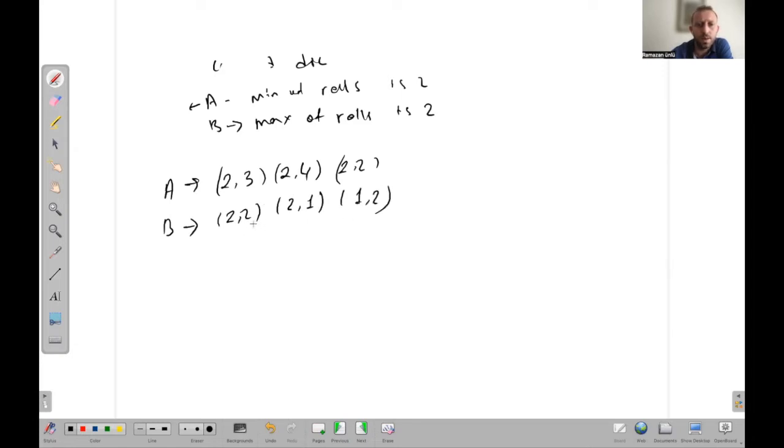So in this case, the max of these pairs is 2, and in this case, the min of these pairs is 2. So the probability of A is 3 of 16, right? And the probability of B is also 3 of 16, right?